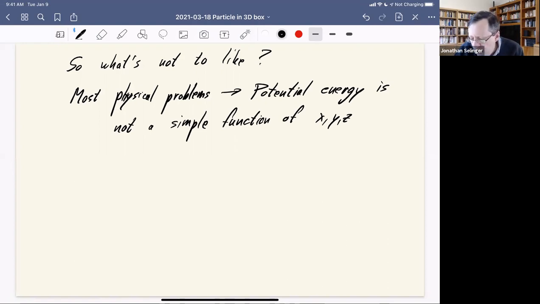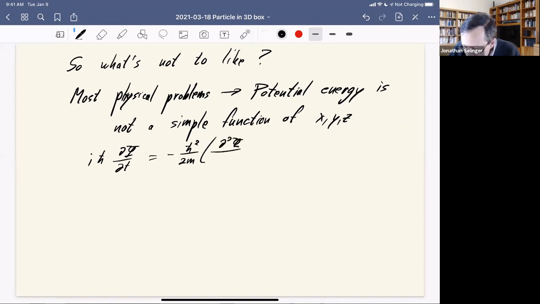So if the potential energy were a simple function of x, y, and z, then you could say, all right, we've got Schrodinger's equation, and that's expressed in terms of x, y, and z.